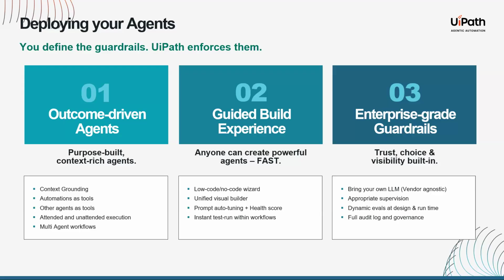Now when we're building outcome driven agents, we have certain features like context grounding, where you can bring other agents, include attended or unattended execution, as well as bring in multi-agent workflows. For example, if you have an agent, you need to give it certain context based on your requirement and what you're trying to achieve with that agent.